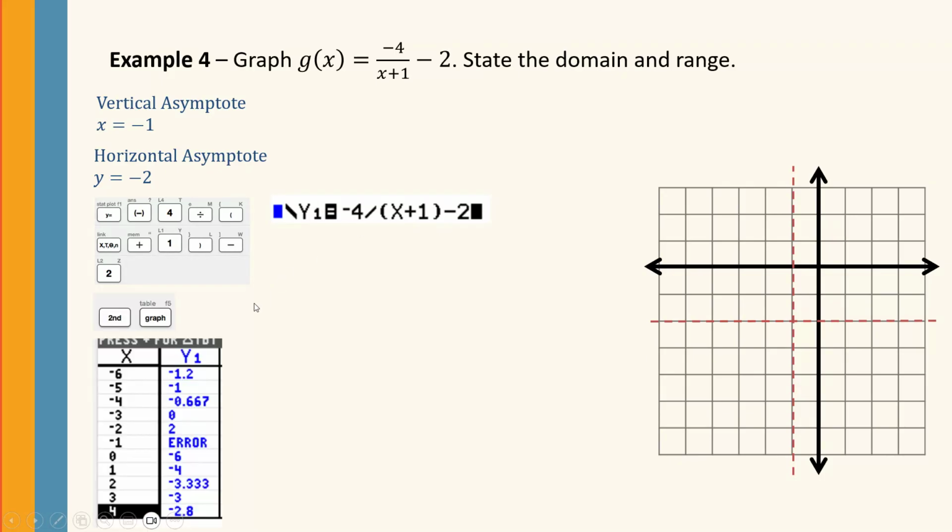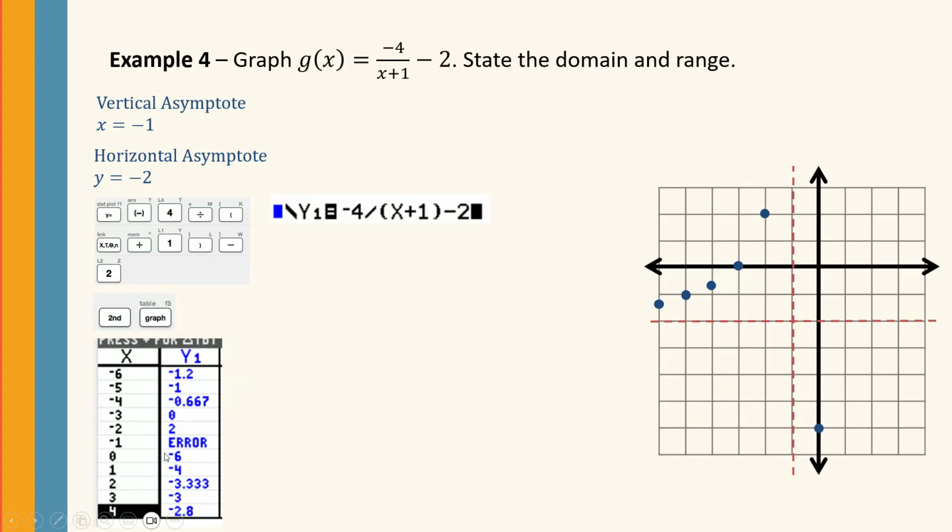And then pressing second graph, you get this table, and then you want to plot the points from the table, as many points as you could fit. So I start with -6, -1.2, -5, -1, -4, -2/3, -3, 0, -2, 2, and then jumping to the next curve, it would be undefined at -2 or at -1.